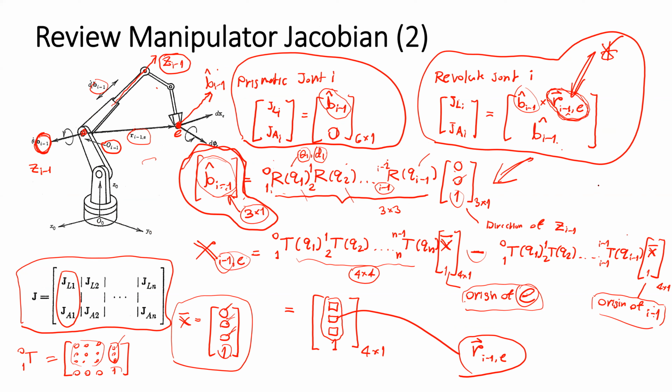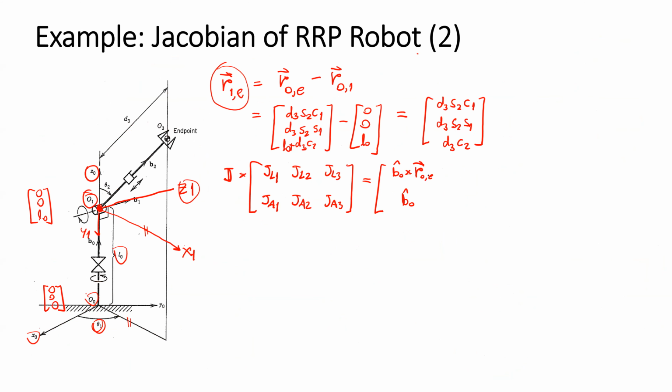Coming back to here, I just composed JL1. JL1 should be B0 crossed by R0E and B0. JL2 should be B1 crossed by R1E and B1 for the revolute joint.